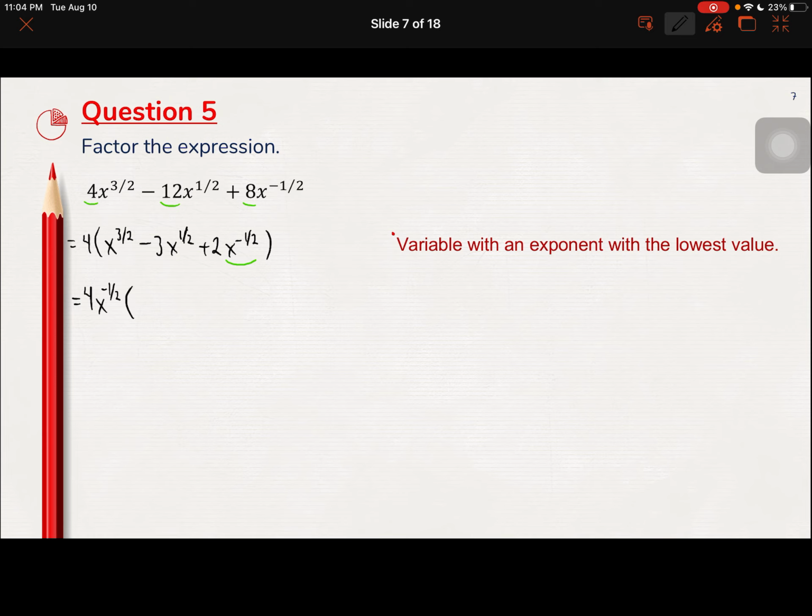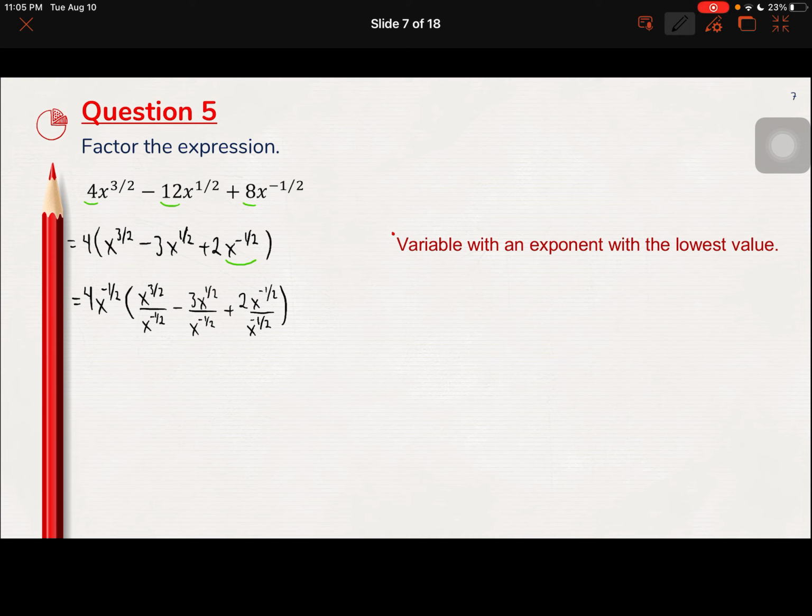And now, as I said, the factorization is like a division. So I'm going to write the division for each term. It's going to be easy to identify what operation we need to do, especially because the exponents are fractions. So this is divided by x to the minus 1/2, minus 3x to the minus 1/2 divided by x to the minus 1/2, and finally plus 2x to the minus 1/2 divided by x to the minus 1/2.